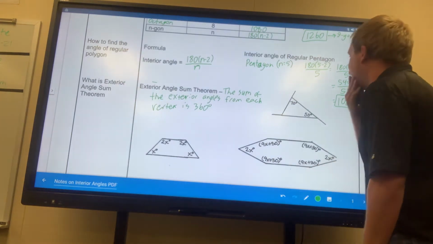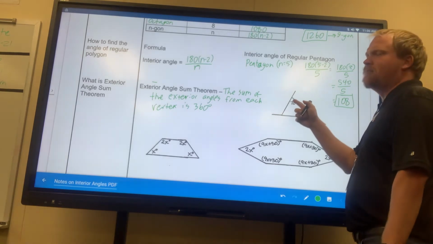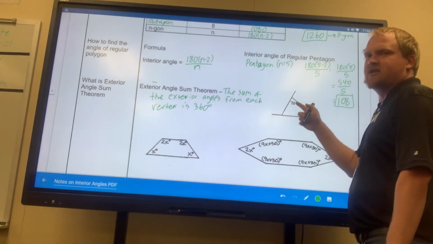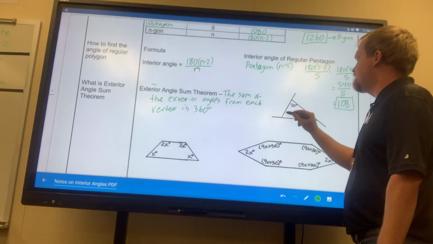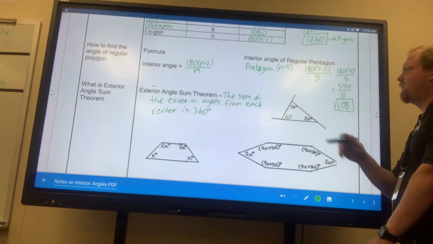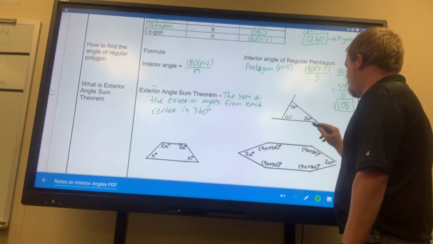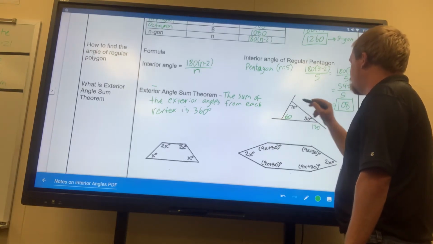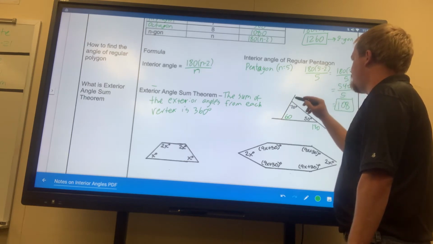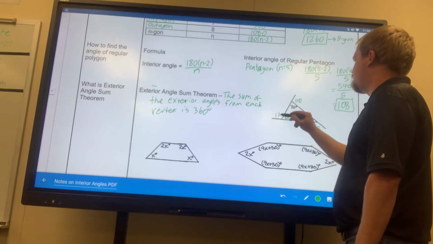So for example, if I look at this, I know 180 minus 70 is 110, minus 50, that gives me 60 degrees. So I have figured out the angle for each one. So 180 minus 50 is 130. 180 minus 70 is 110. And 180 minus 60 is 120.